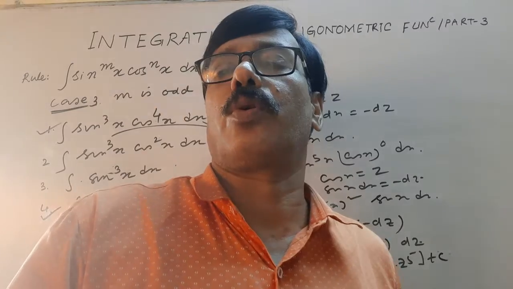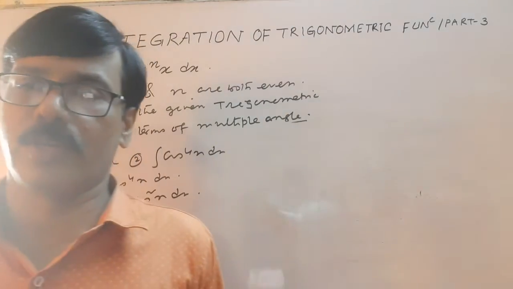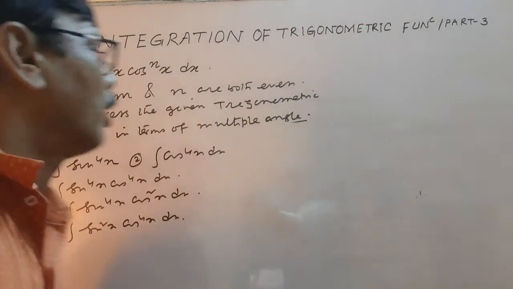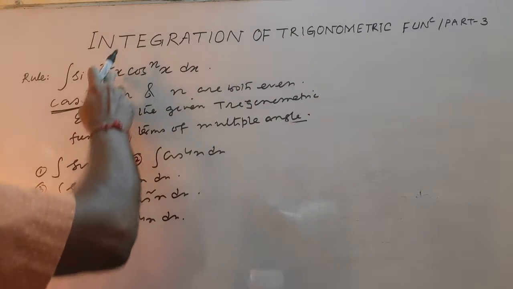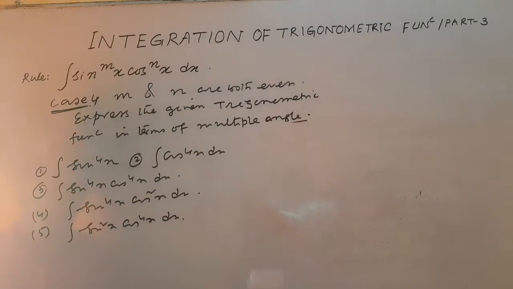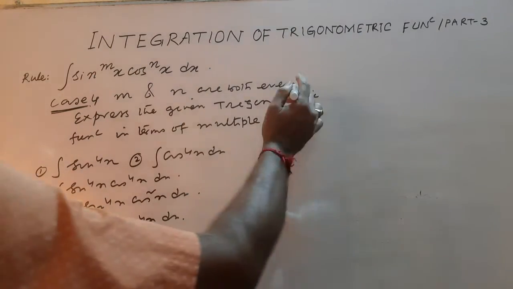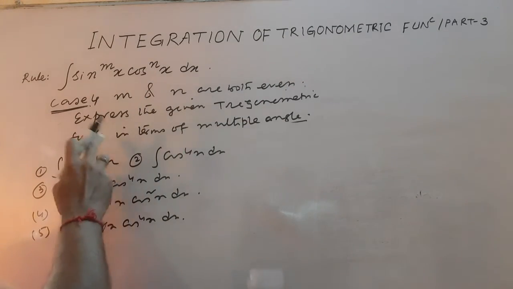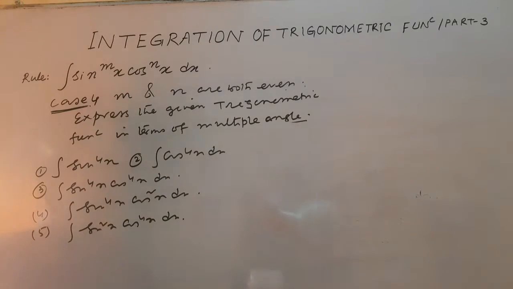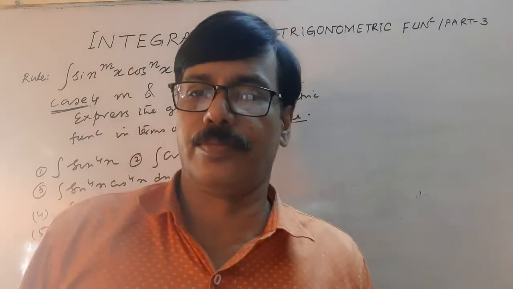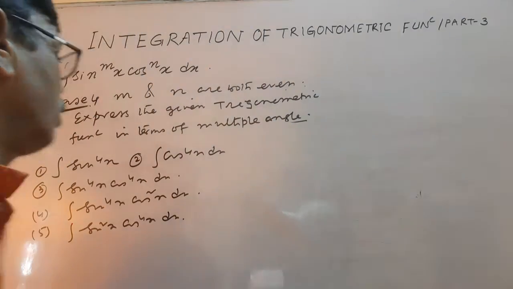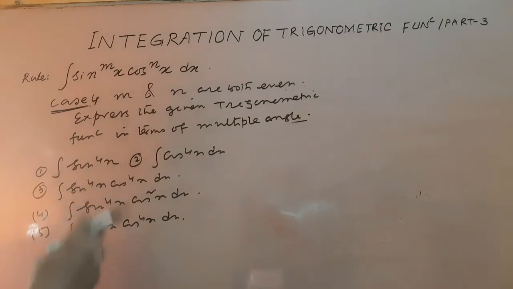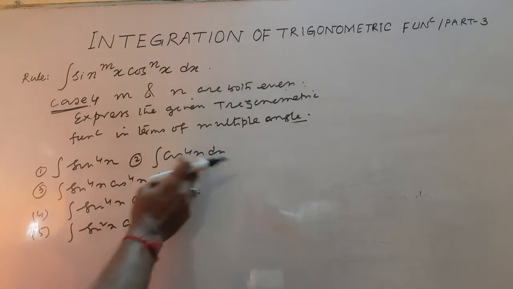Now case 4. Sin to the power m x cos to the power n x dx, when m and n are both even. So express the given trigonometric function in terms of multiple angle. We have already solved this type of problem: sin square, sin 4, cos 4.